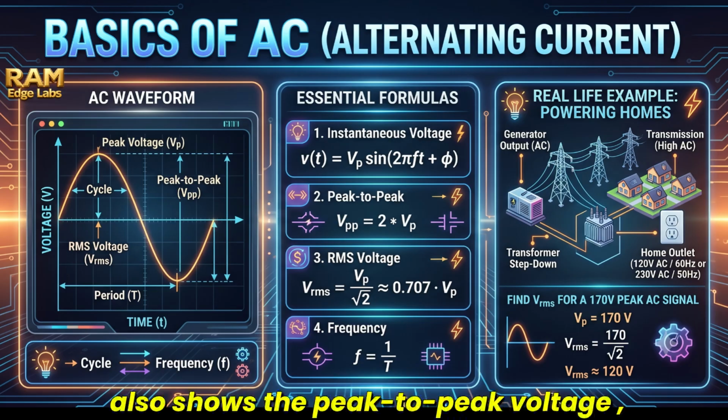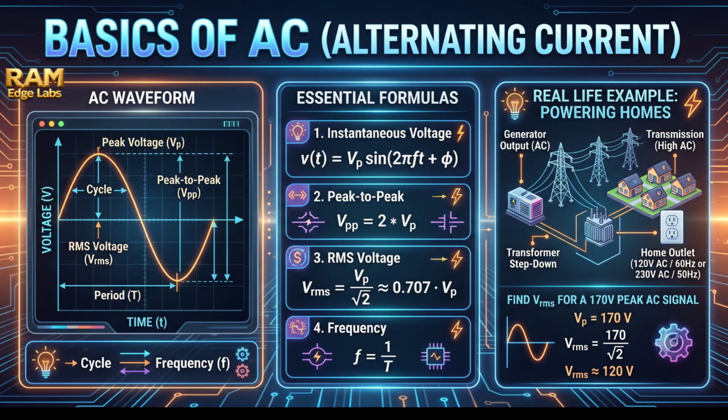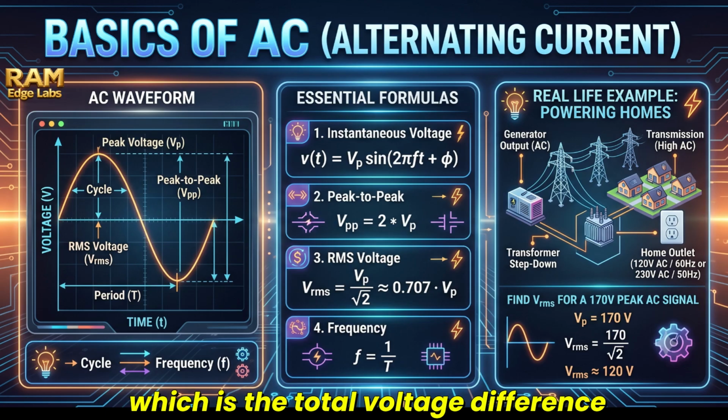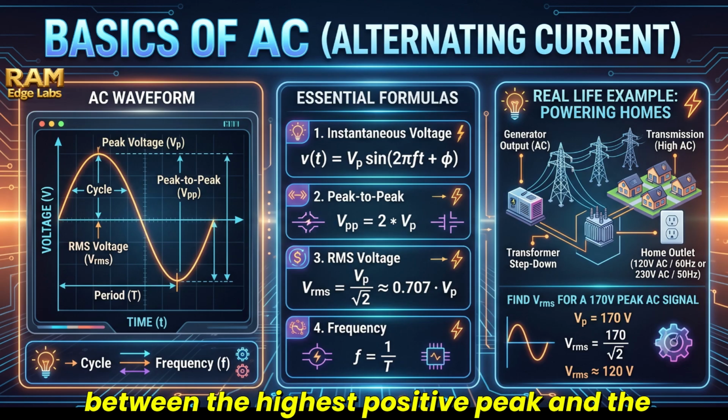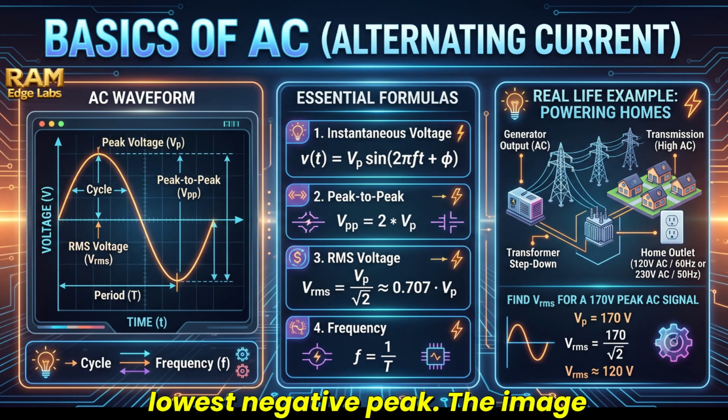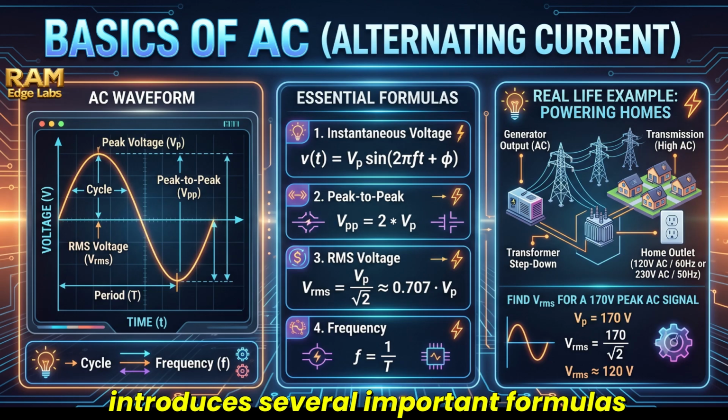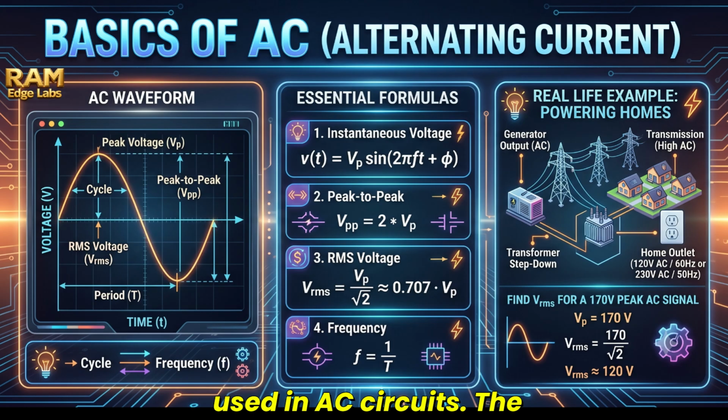The waveform also shows the peak-to-peak voltage, Vpp, which is the total voltage difference between the highest positive peak and the lowest negative peak. The image introduces several important formulas used in AC circuits.